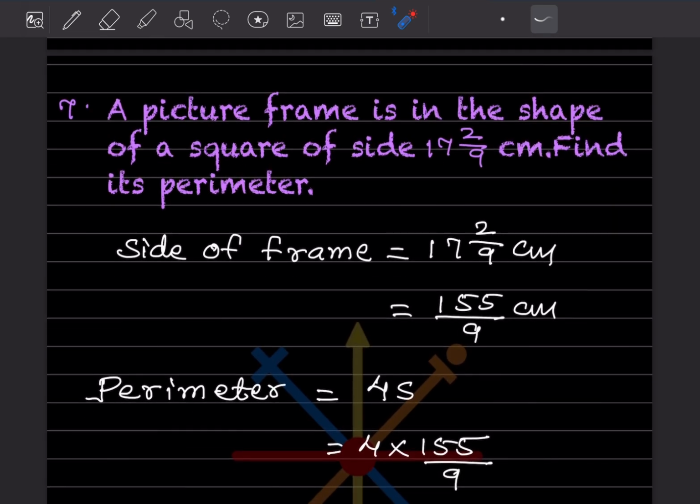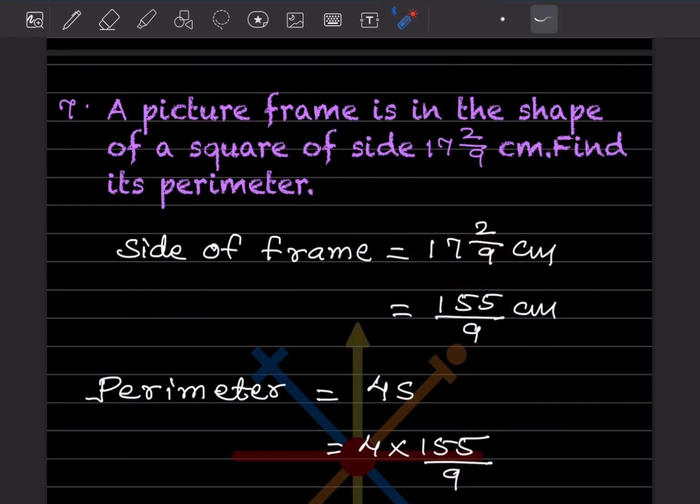A picture frame is in the shape of a square of side 17 integers 2 by 9 centimeter, and you have to find the perimeter. So it is a square. The side of the frame is given as 17 integers 2 by 9 centimeter. When you multiply this, that is 153 plus 2, which is 155 by 9 centimeter.